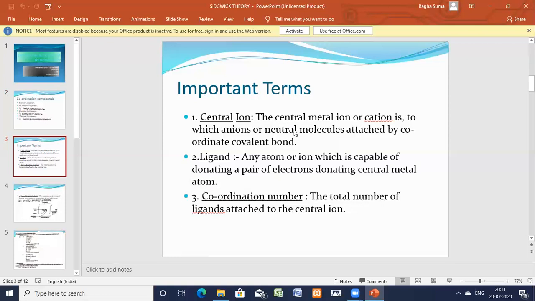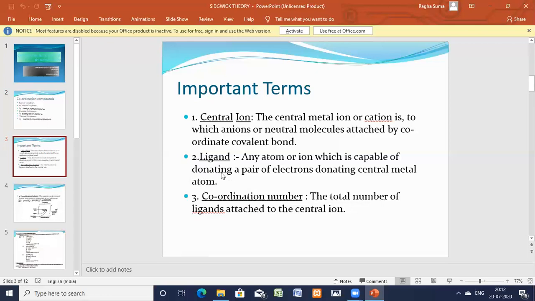The metal ion is in the center of the complex, and surrounding it will be the anions or else the neutral molecules. They are called the ligands. So a ligand is an atom, a negatively charged species or a neutral species around the central metal ion.